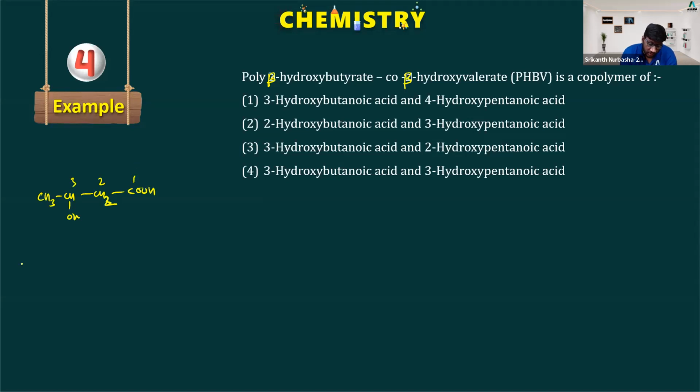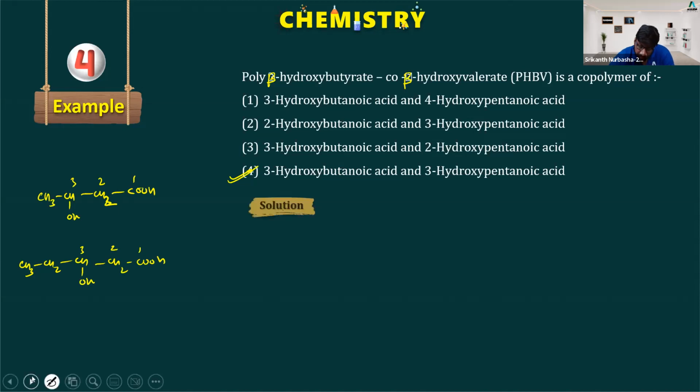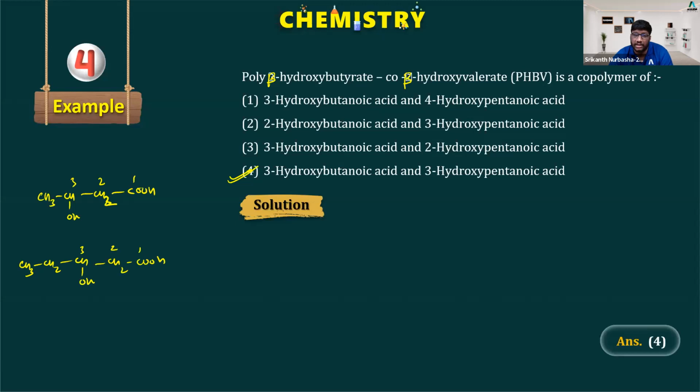They are asking for the IUPAC name. So 3-hydroxybutanoic acid and 3-hydroxypentanoic acid, that will be the correct answer. Right, students, these are the different condensation polymers and addition polymers.